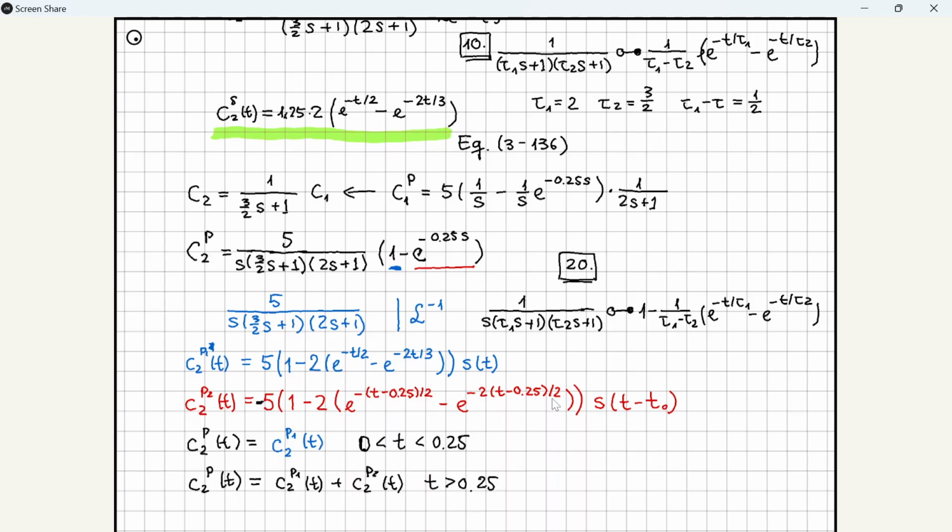And then again, I can simplify it because I can multiply the plus 0.25 half out, and then I have a factor of e to the minus t half, and again here I have a factor of e to the minus 2t divided by 3, not 2.